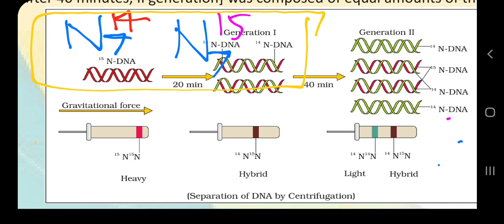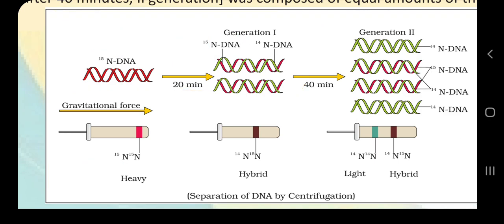Iso means same, and top refers to topology, something related to location. So they have the same location in the periodic table, but they have one slight difference. What is the difference? N14 is light, N15 is heavy. So I have given you the idea of chemistry that I wanted to convey before discussing this experiment, because Meselson and Stahl in 1958 used the isotopes of nitrogen.